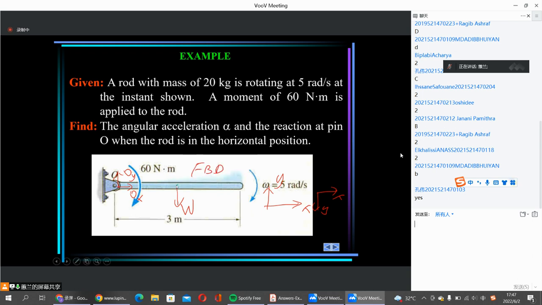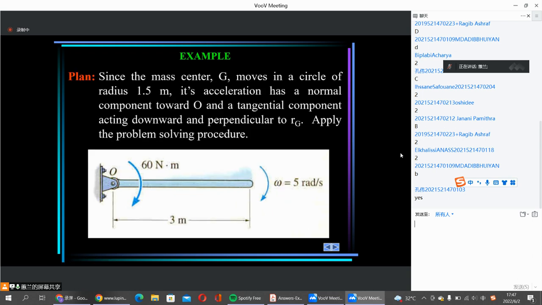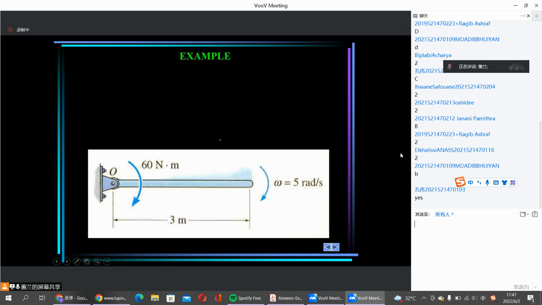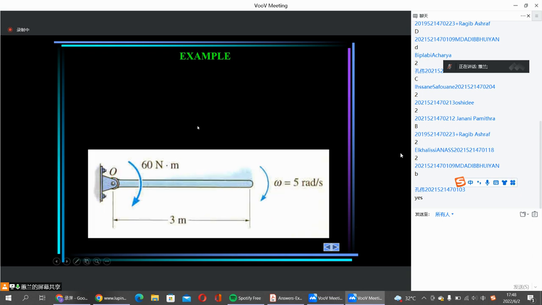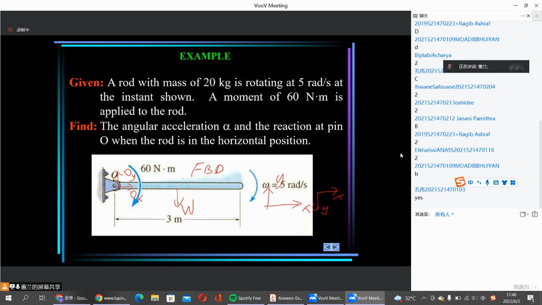Because it's rotating, the mass center G will have a circular path. So it will have a_Gn, I use an, and a_t, tangential.